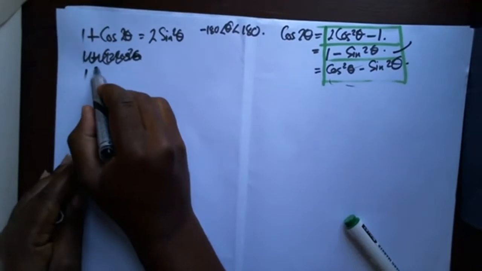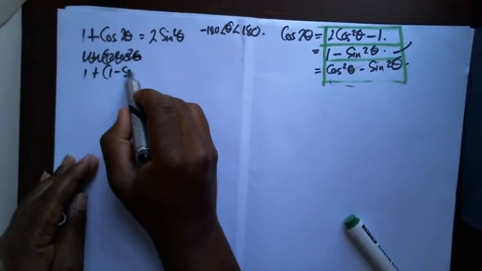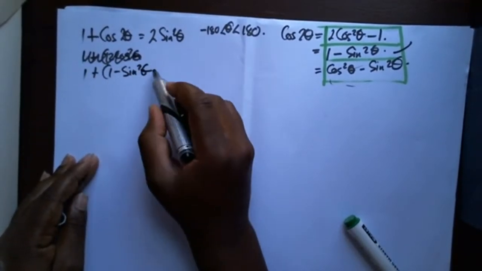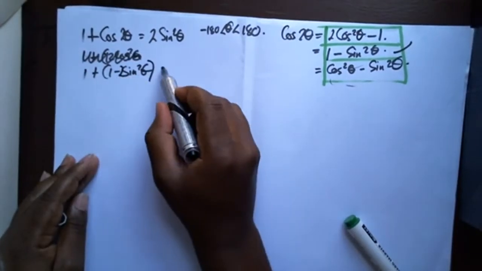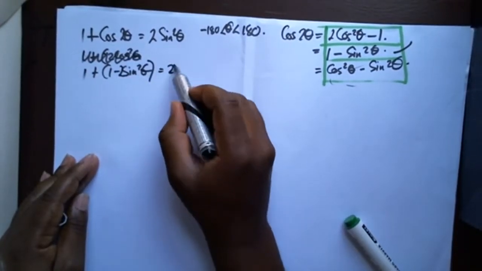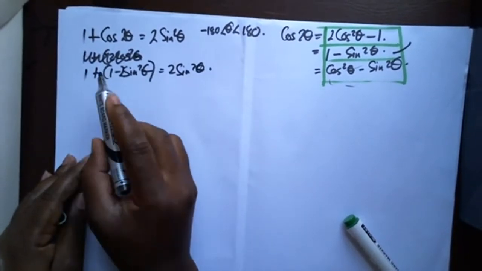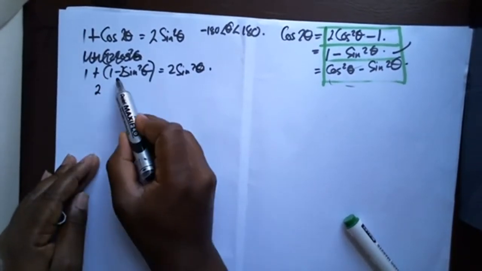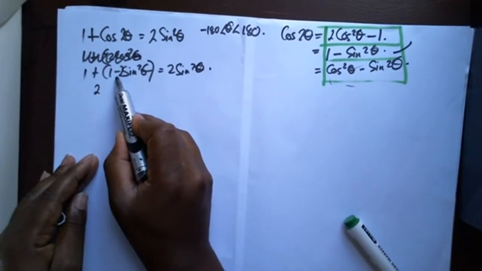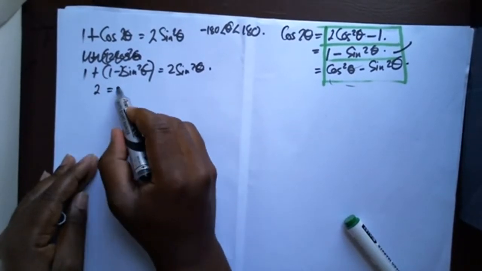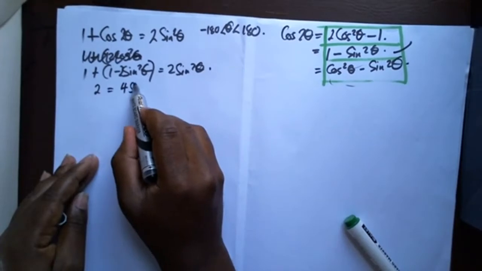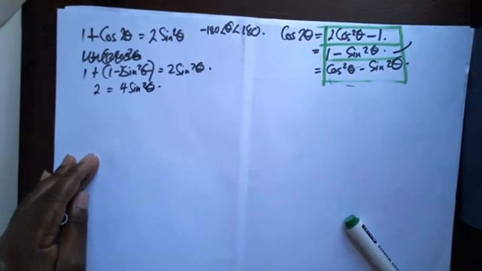So it will be 1 plus 2 times (1 minus sine squared theta) is equal to 2 sine squared theta. So this one and this one becomes a 3, and this negative 2 comes this side. It becomes equal to 4 sine squared theta.